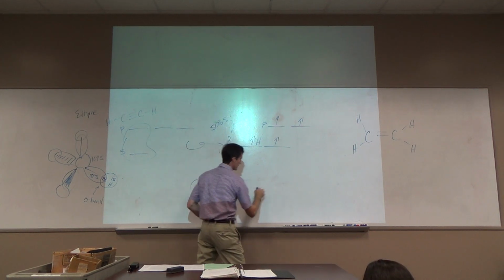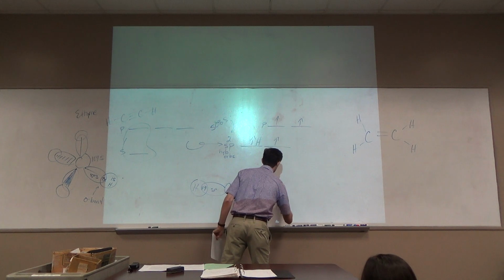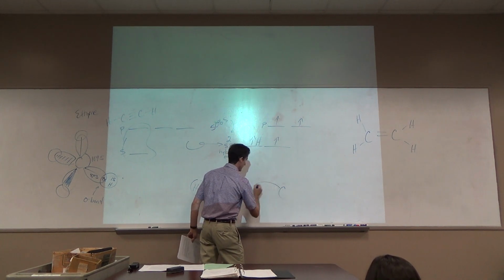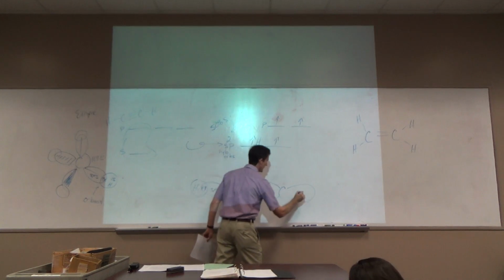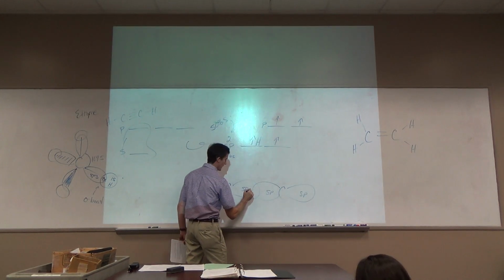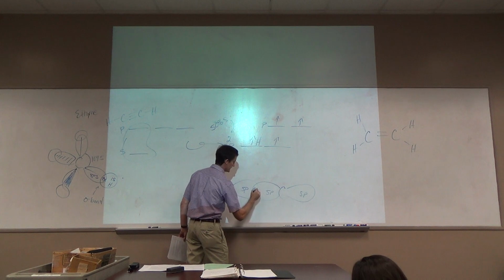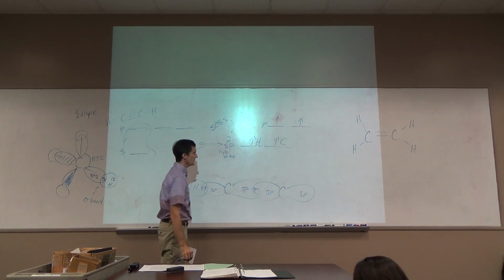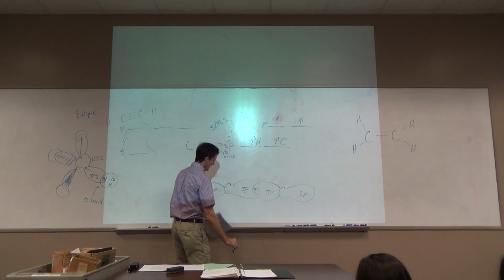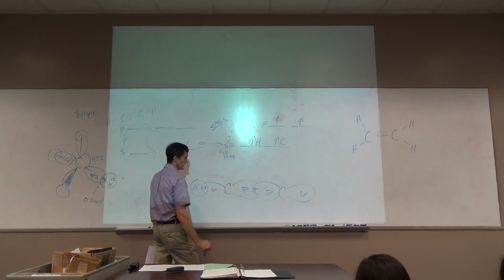What's this guy interacting with? Well, we got another carbon that's the same exact setup. Boom. Boom. Linear. SP, SP. 1 electron from this carbon interacting with 1 electron from the other carbon. So we make a sigma bond between the carbons. What's left over on this carbon?